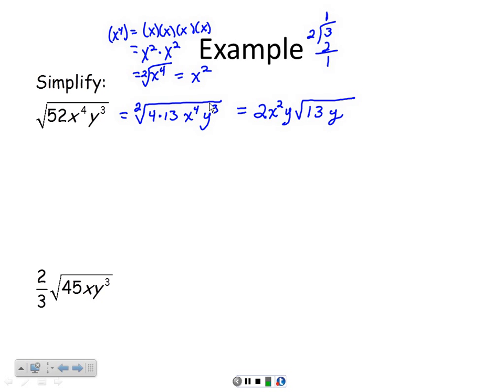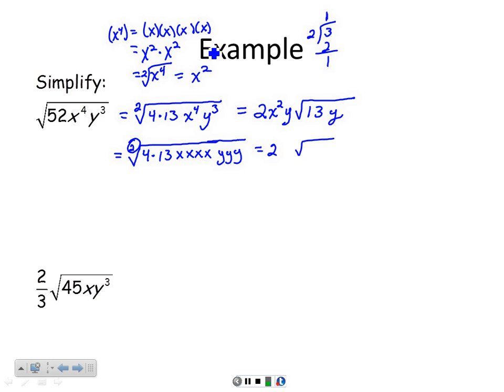So what's going on? Well, another way that you can do this, and it's however you can keep it straight, is up to you, or however you learned it initially, that's completely totally up to you. So x to the 4th is 4 x's multiplied together, and y to the 3rd is 3 y's multiplied together. Well, your index is 2. So for your 4, you just take the square root and bring that 2 out.